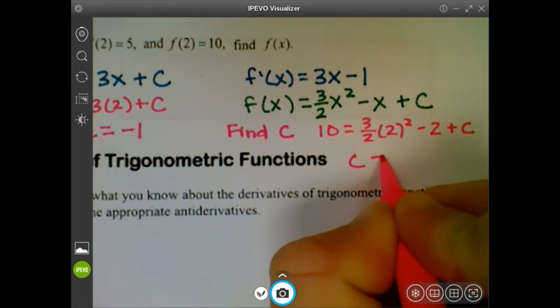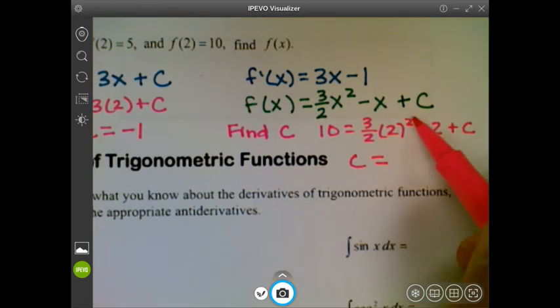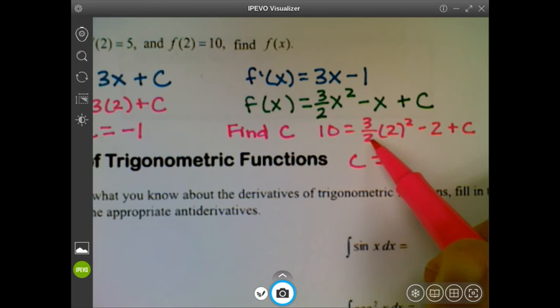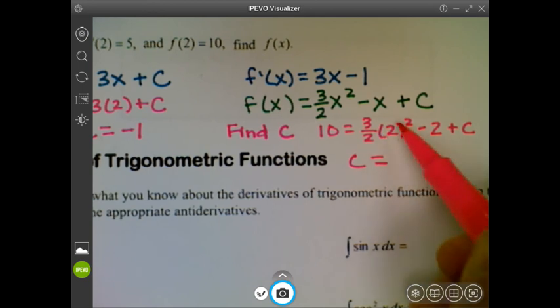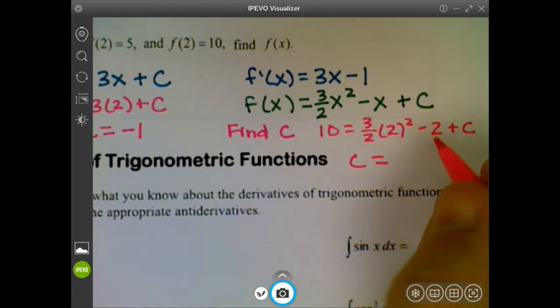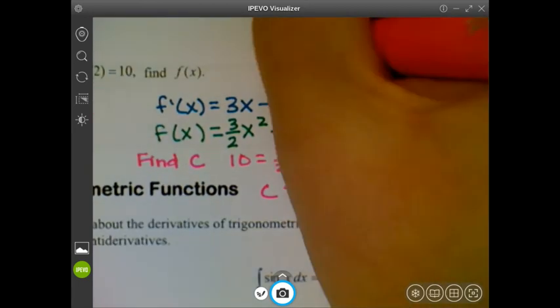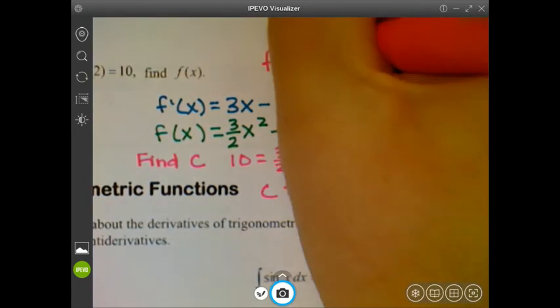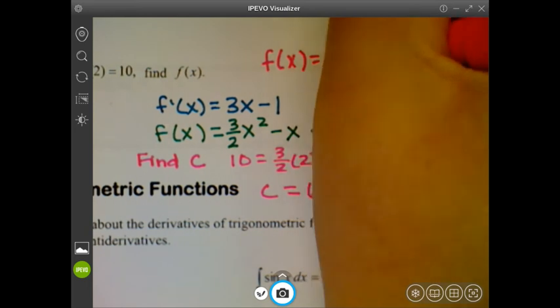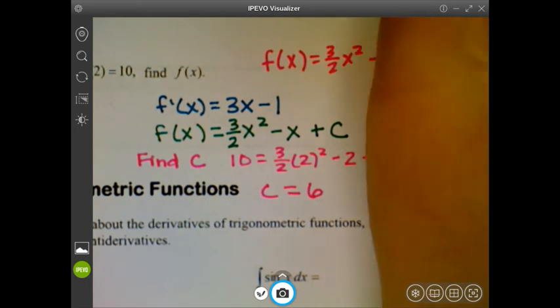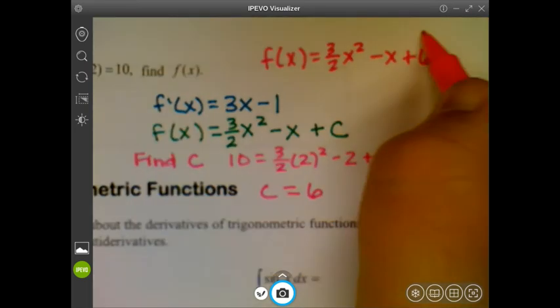All right, so c is going to equal, this is 4. 4 times 3 halves is, well, the 4 and the 2 will simplify to a 2 times 3, so that'll be 6. 6 minus 2 is 4. 4 plus what number gives us 10, and that is 6. So here is your final solution. f of x equals 3 halves x squared minus x plus 6.